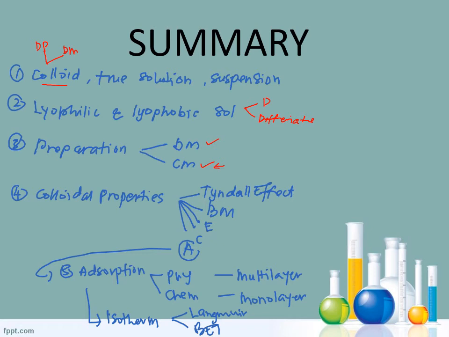We also have colloidal properties, where you should be able to explain the Tyndall effect and how it works. The Tyndall effect is used to distinguish between a colloidal solution and a true solution or suspension.